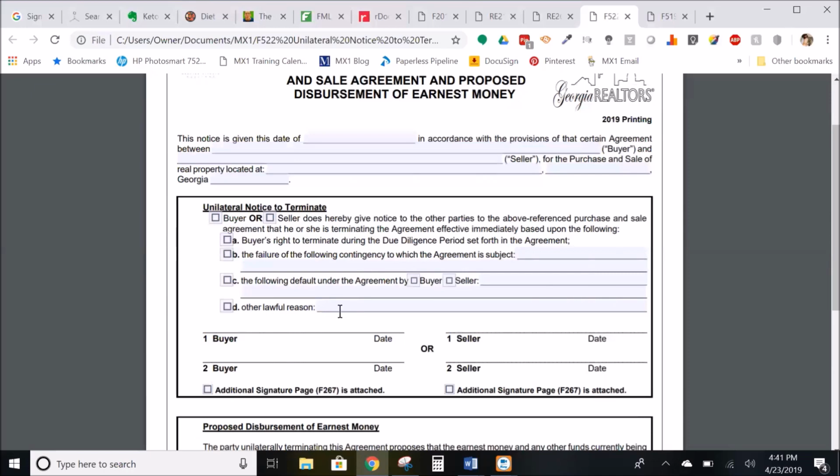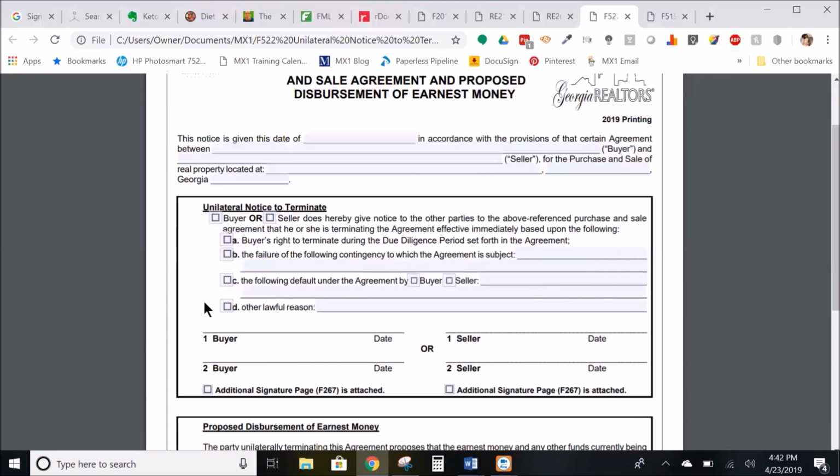An example of that would be, in the purchase and sale agreement, it does say that the buyer has the right to examine the title. If they find an issue with the title, they have to give notice to the seller, and then the seller has the right to cure the title by closing, or then the buyer can terminate. So that would be other lawful reason.